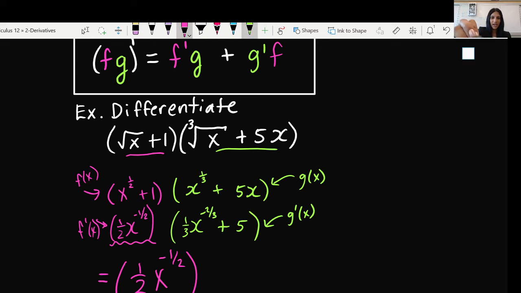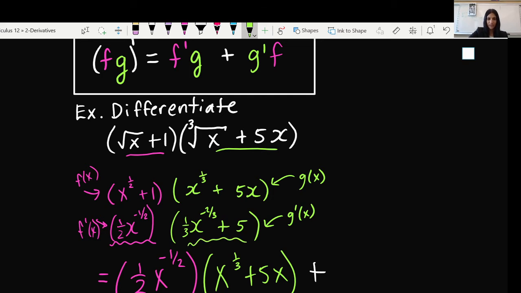Beside that, I would have just my function g of x, and my g of x is just this one that I had here: x to the 1/3 plus 5x. And then I'm going to add to it my g prime, that would be this one here.